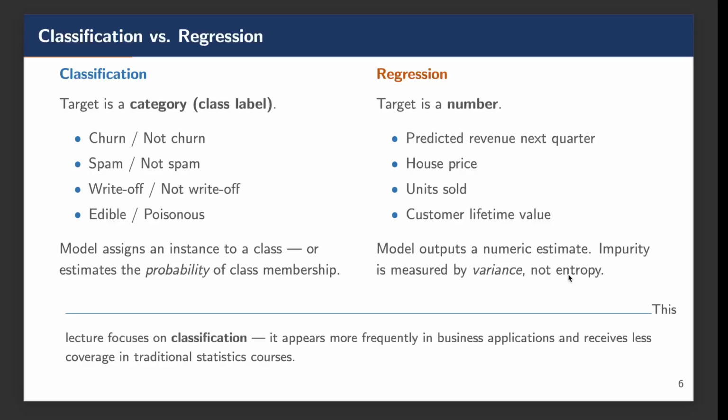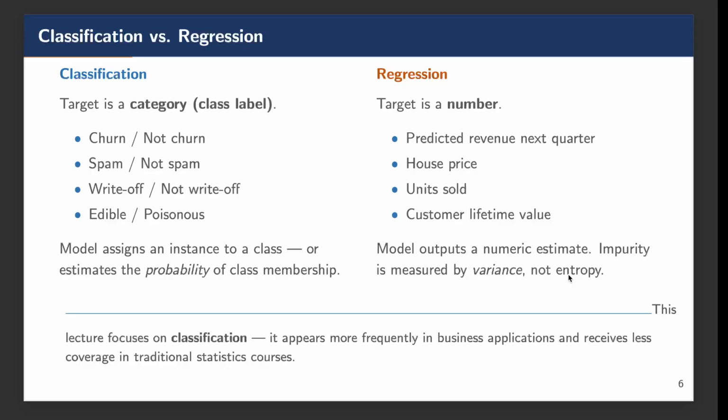For example, you look at this customer profile and then you categorize this customer to be a defaulter or non-defaulter. And then we estimate the probability of the membership. For example, for this particular customer, the probability of this individual defaulting is 80%. So we put them into the category of defaulting.